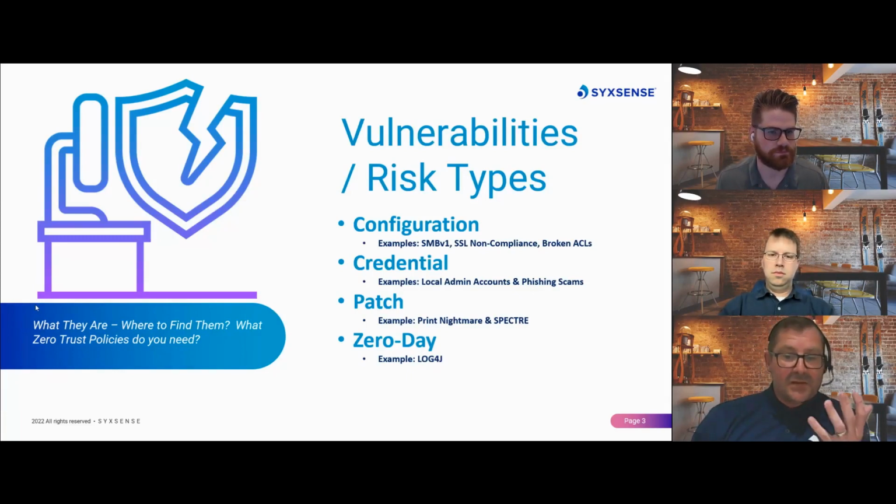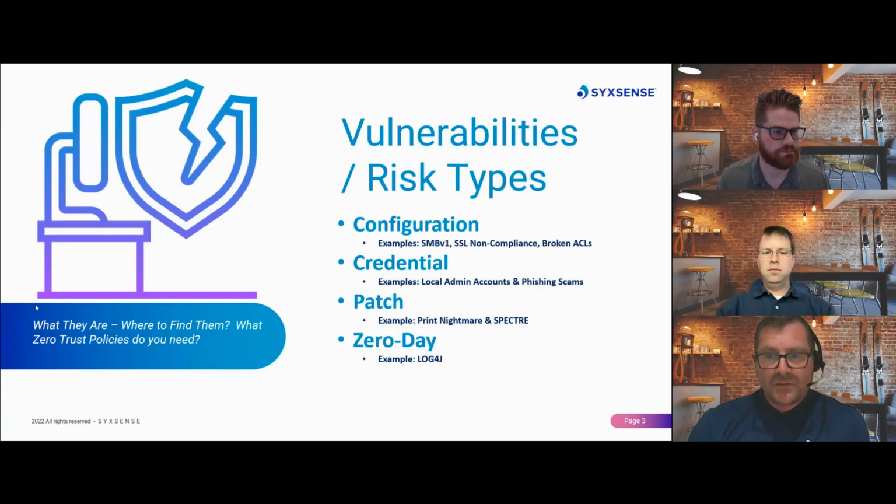Zero day is in two parts. You've got a zero day vulnerability where there is no patch or solution, and you have zero day vulnerability where there's no solution at all, hence the name zero day. An example would be Log4j, which is actually a fascinating vulnerability.